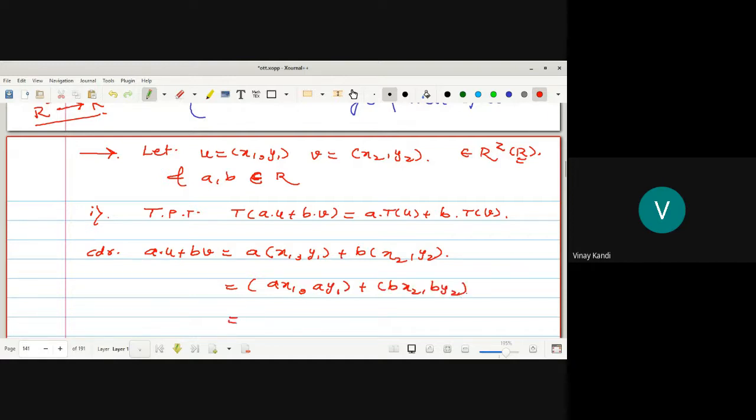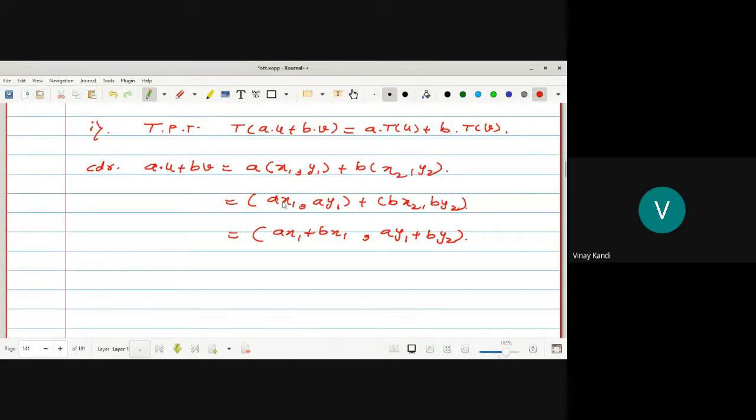Now addition of these two vectors: first coordinate with first coordinate of the second vector, and second coordinate with second coordinate. So au plus bv equals (ax1 plus bx2, ay1 plus by2).